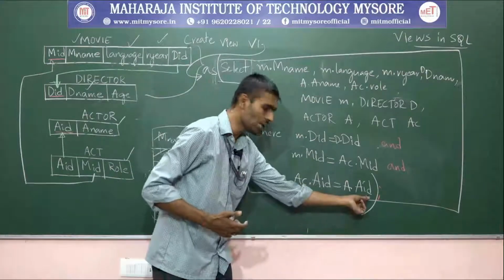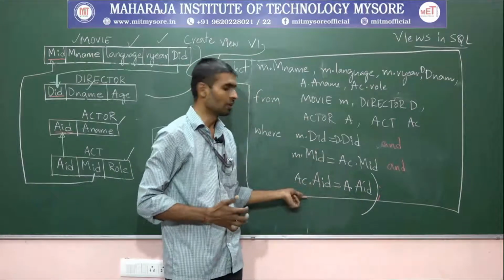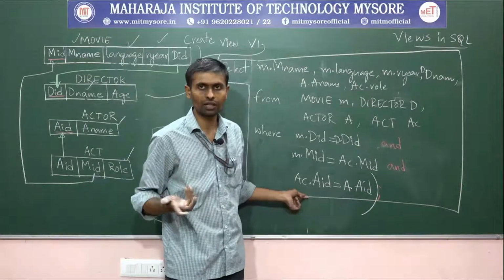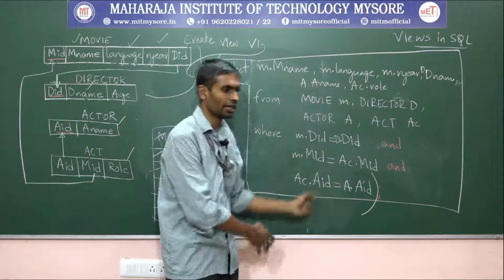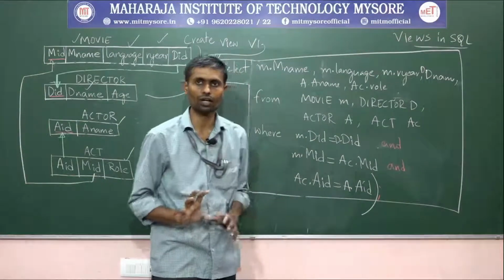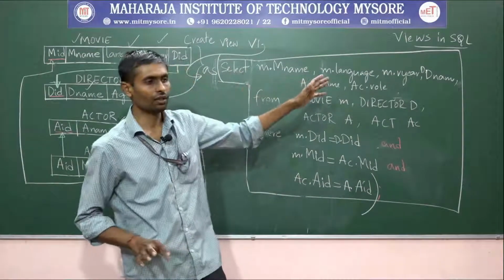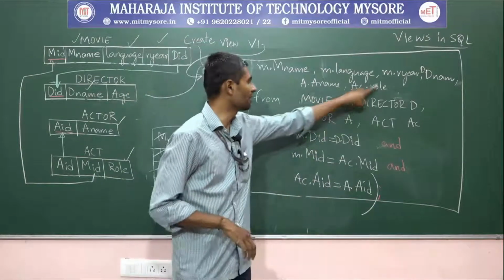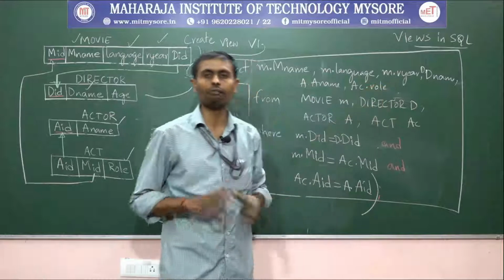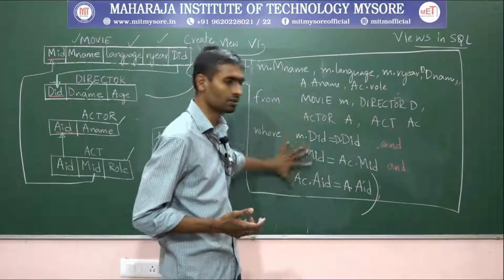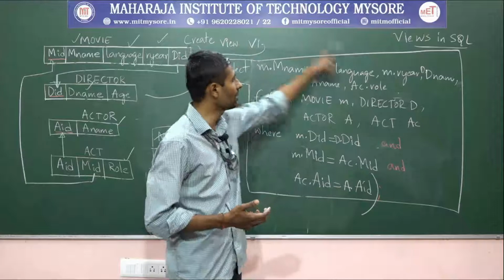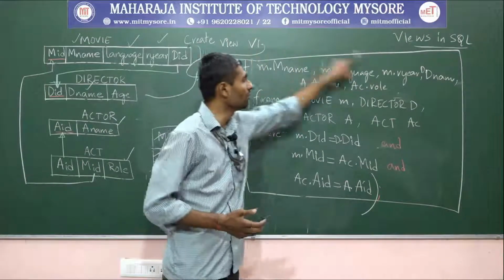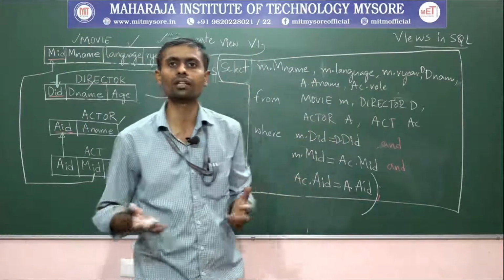Instead of writing the same query and release year 2020, what to write is select star from V1 where V1 dot release year equal to 2020. That's it.